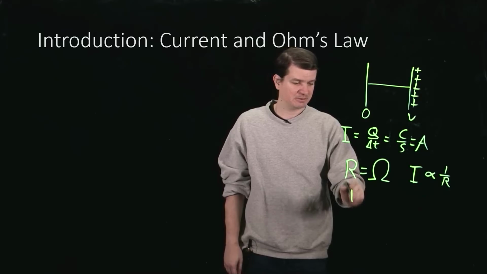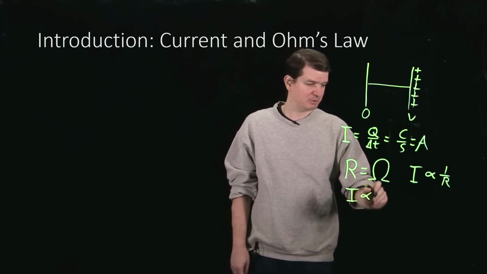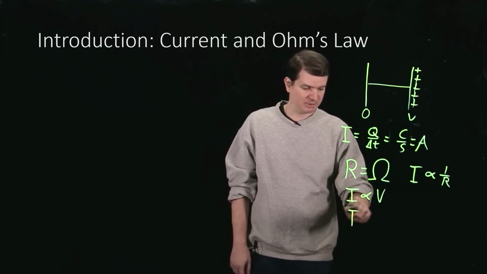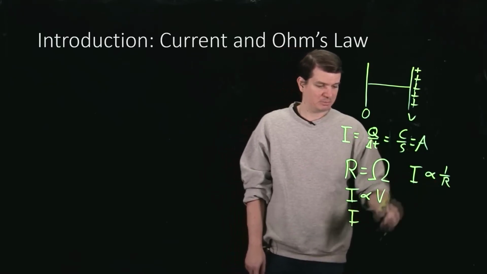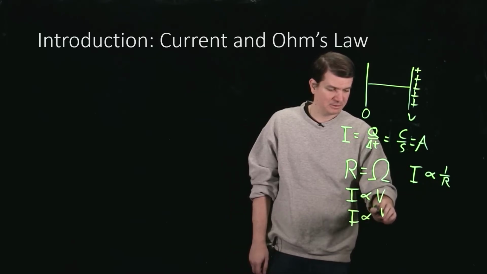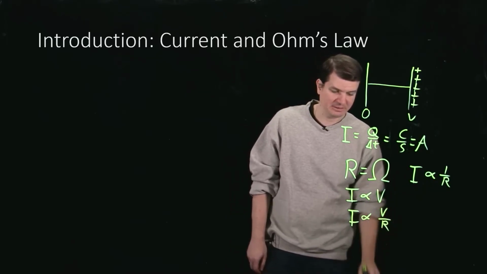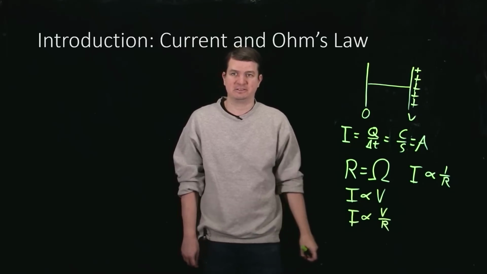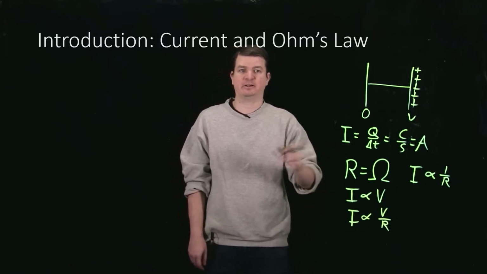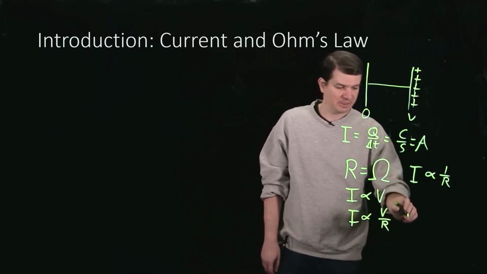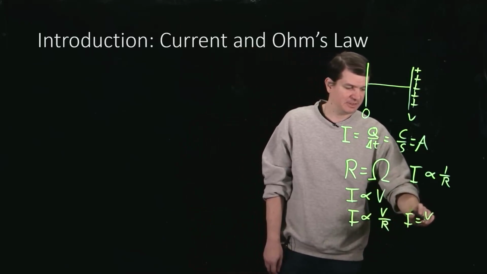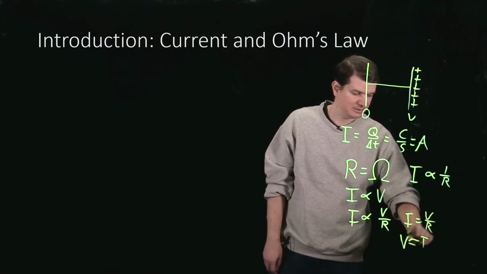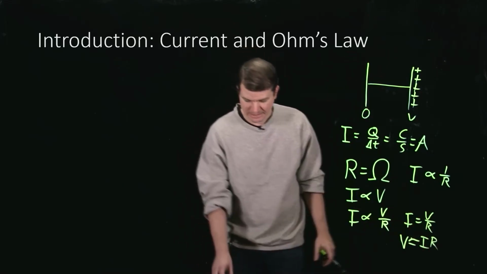So I could write that I should be proportional to V. If we combine I being proportional to V with I being proportional to 1 on R, we can write it as proportional to V on R. For a special class of resistors called ohmic resistors, the constant of proportionality there is 1. And so we have Ohm's law: I is just V on R, or rewritten, V equals IR. So that's it. That is Ohm's law.